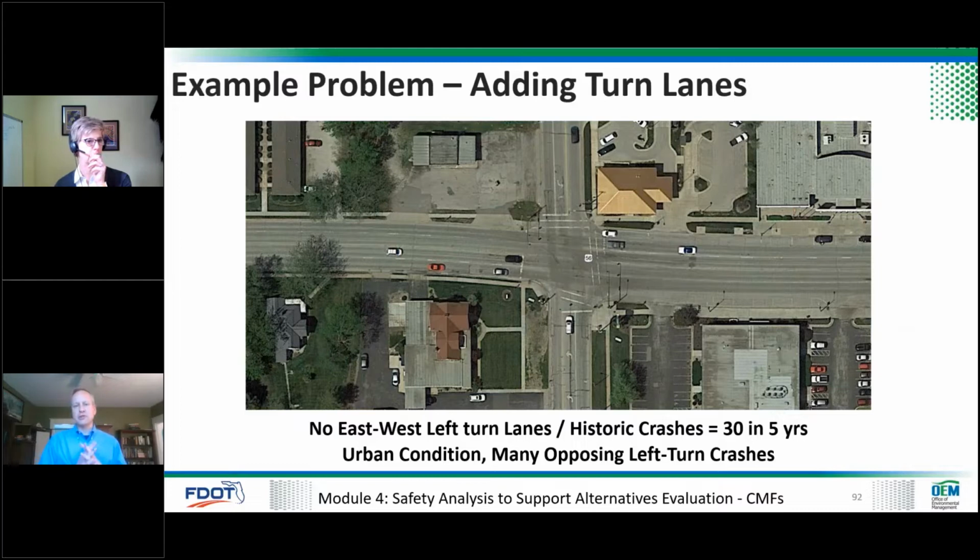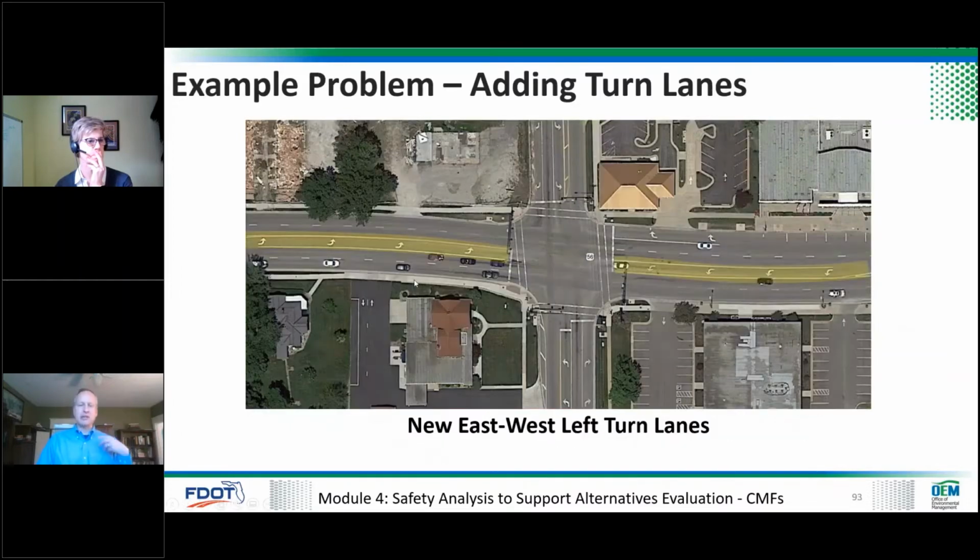So opposing left turn is left turn vehicle is turning and gets hit by an oncoming through vehicle. So you've got kind of related angle, but slightly different, but definitely related to the presence or absence of a turn lane. So we've done a little bit of digging, we've got some data, and we think this might be a solution.